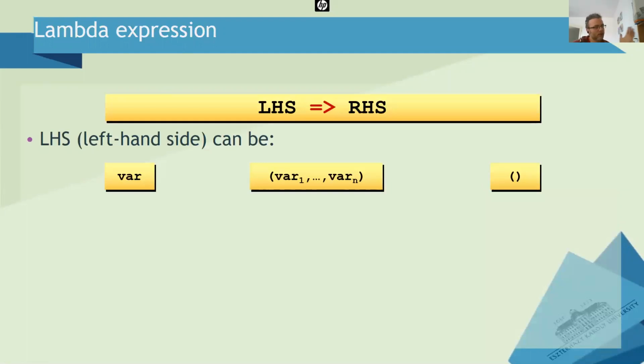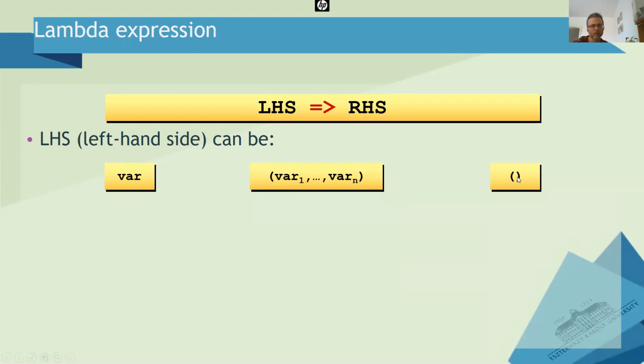Let me give you also the general rule of how lambda expressions can look. So as you already know, there is always this double arrow in the middle. There is also a left-hand side and a right-hand side. The left-hand side is actually a parameter list for the lambda expression. You already learned that it can consist of either a single variable or several variables between parentheses or no parameters.